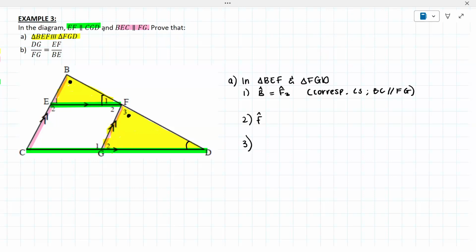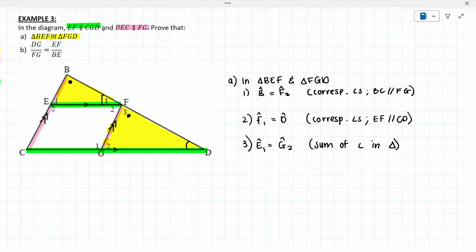So angle F1 is equal to angle D, again corresponding, and EF parallel to CD. And then guys, remember I said this to you before, if 2 of your 3 angles are the same, the third has to be. So E1 is equal to G2, I'll put a 1 there, sum of angles in triangle.